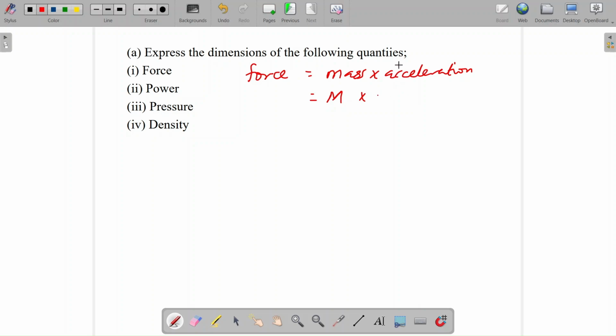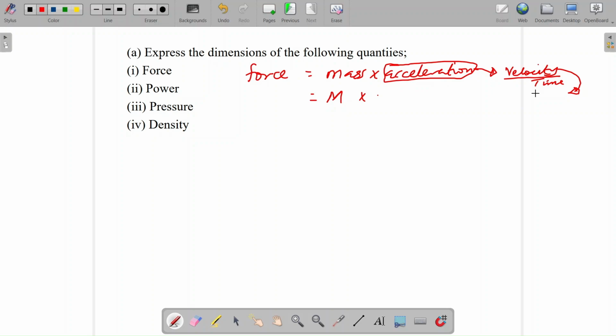For dimension, you need to take it to the lowest, basic units, which are mass, length, time.